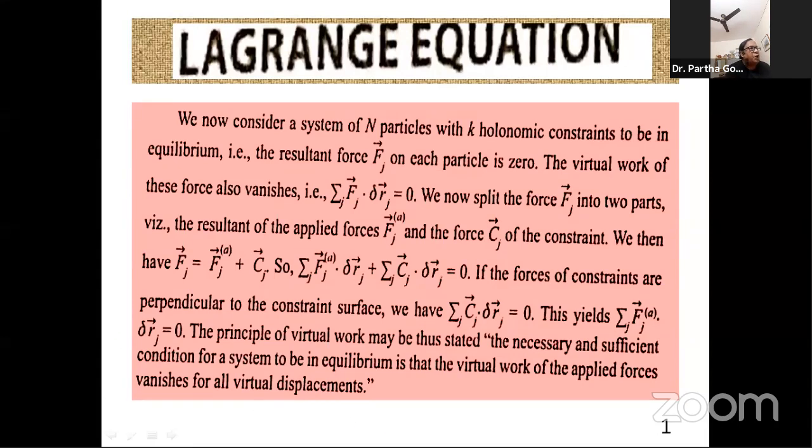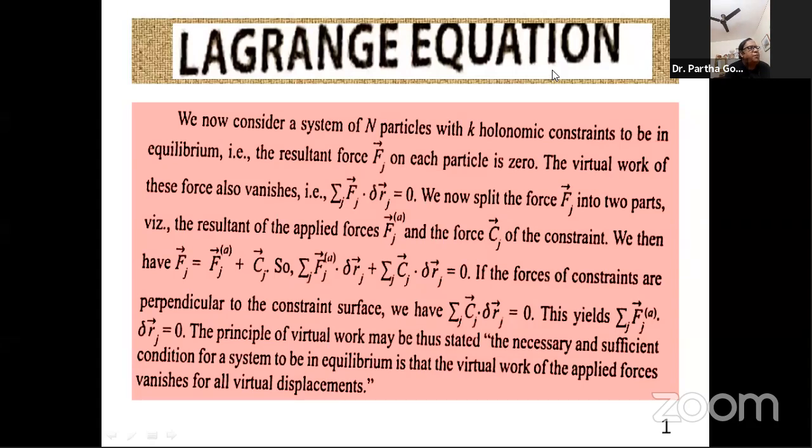And herein I have not considered internal forces, that is, force acting on the ith particle due to the jth particle. For the entire assembly of these n particles, the ith particle will exert a force on the jth particle, and the jth particle in turn will exert a force in the opposite direction on the ith particle. So they will cancel each other. So the internal forces are not there.